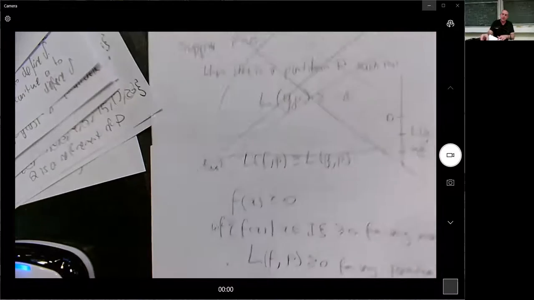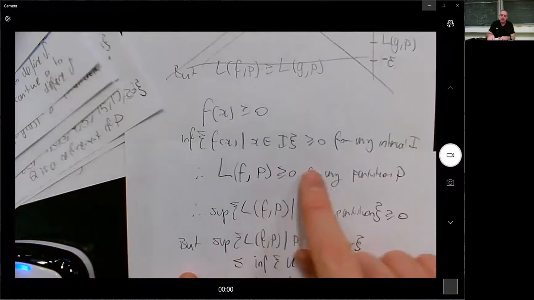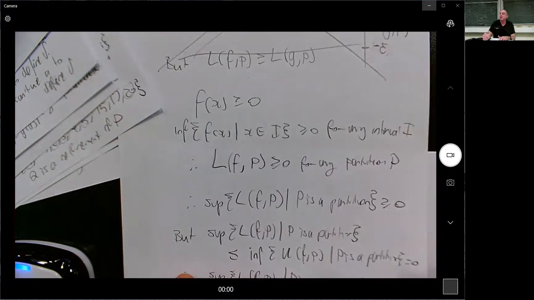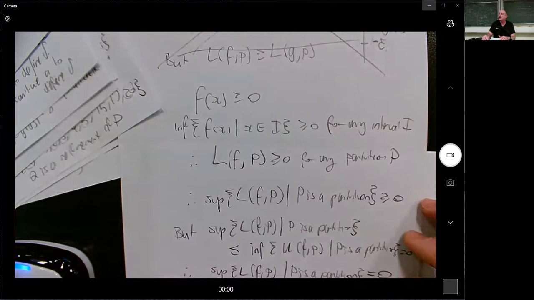I reckon there's a theorem for lower sums similarly to the one that I was using for upper sums that could have just done this a little more directly.